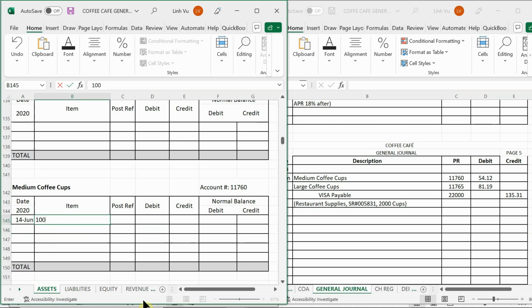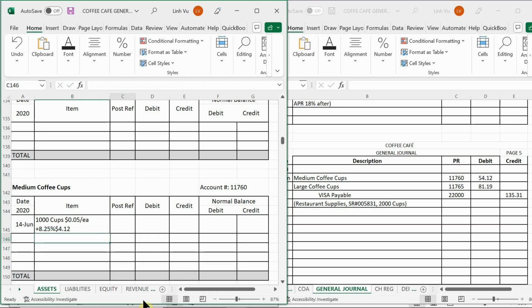What did we purchase? We purchased 1,000 cups, okay, at 5 cents each, plus 8.25% tax, which gave me a total of $4.12.